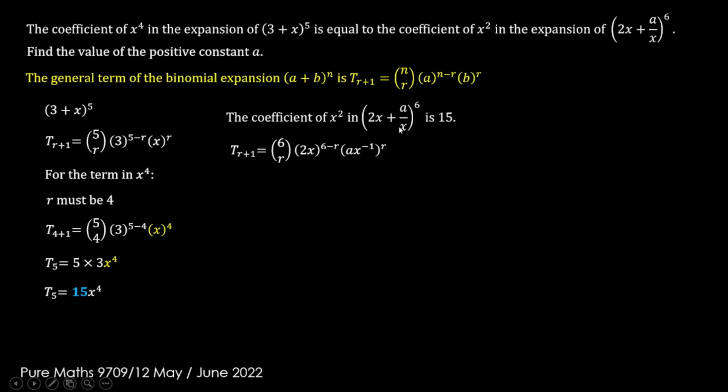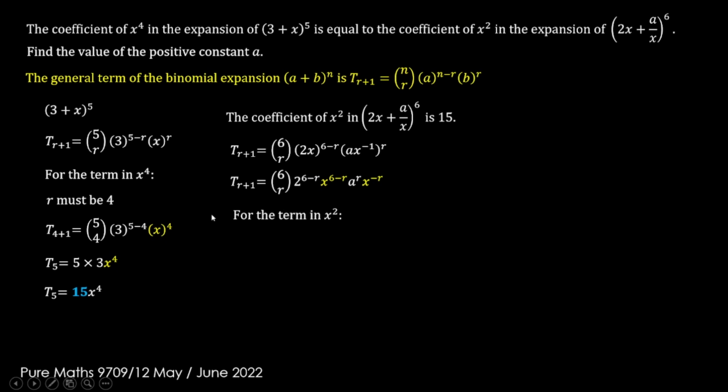So the x in the denominator is brought up and the power is changed to negative 1. So x^(-1) to the power r. And when we expand out, we'll have 2^(6-r) times x^(6-r) times a^r times x^(-r).